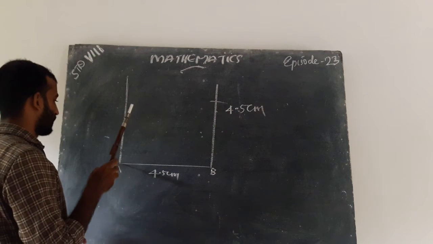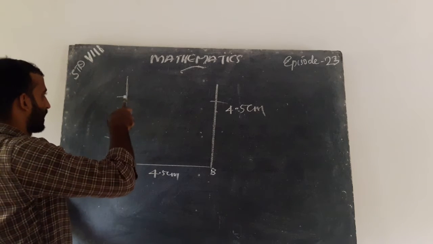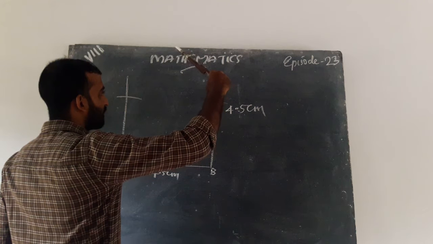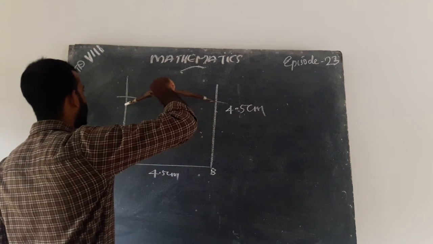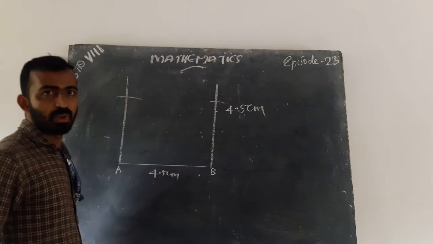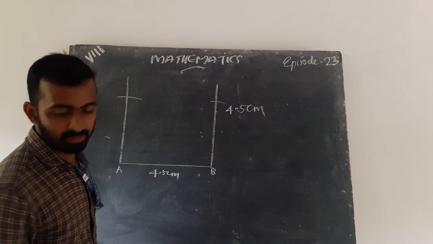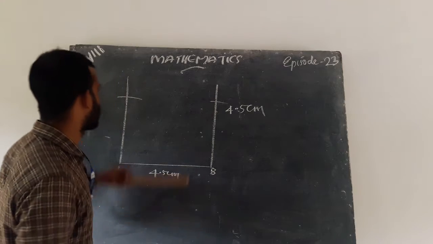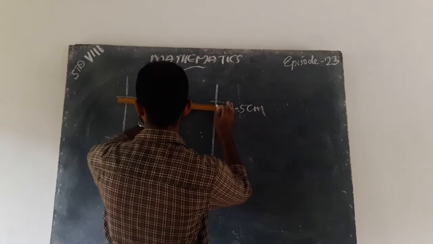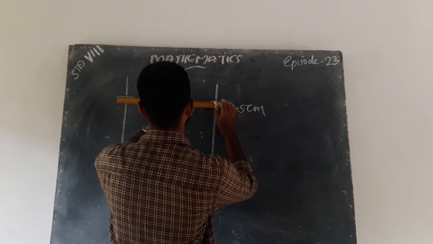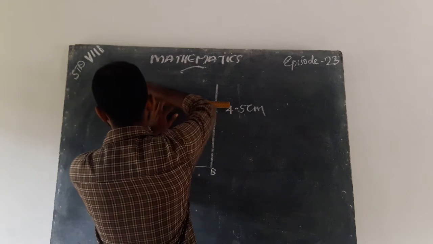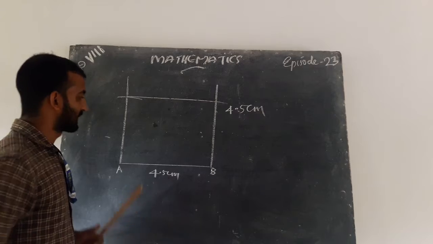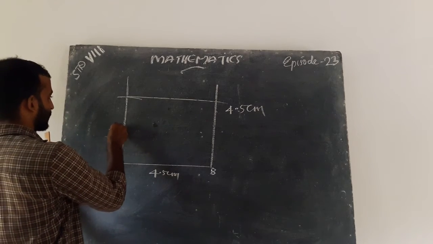And here also make an arc. From these arcs we get another arc. The arcs intersect, then we can join these points. That is a square. We get the square.